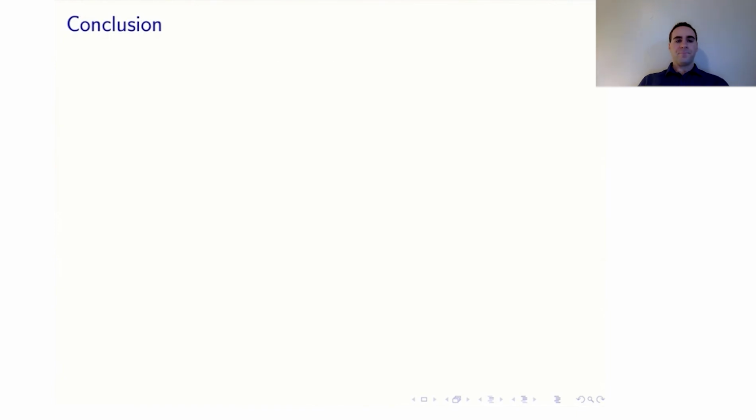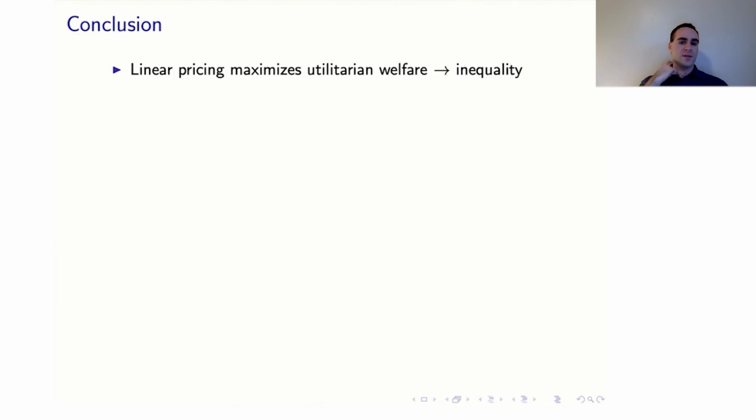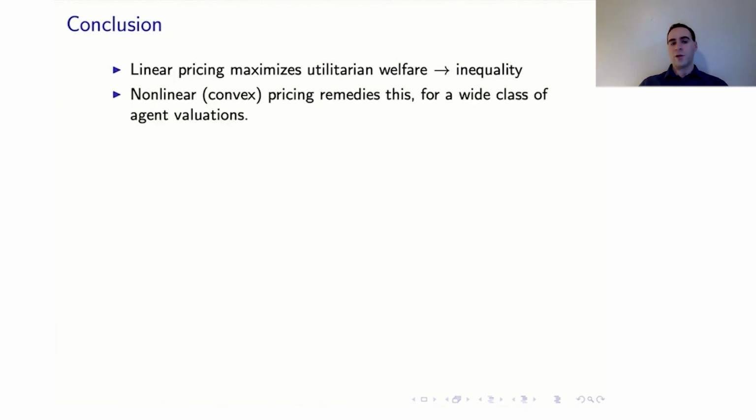To wrap up, we talked about how linear pricing maximizes utilitarian welfare, and that can lead to inequality by allowing the most wealthy people to price the poorer people out of the market. Nonlinear pricing, and in particular convex pricing, can remedy this for a wide class of agent valuations.